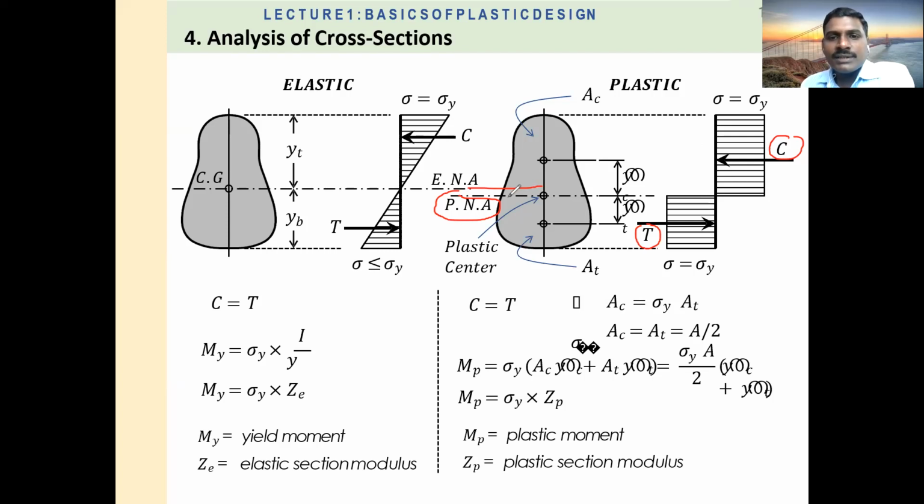This is your CG and that is the plastic neutral axis. Whatever area is above the neutral axis and whatever area is below the neutral axis, this is the CG of the area above the neutral axis, and this is the CG of the area below the neutral axis.